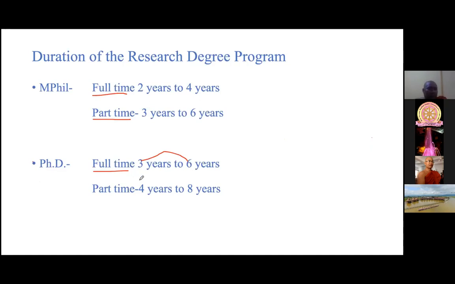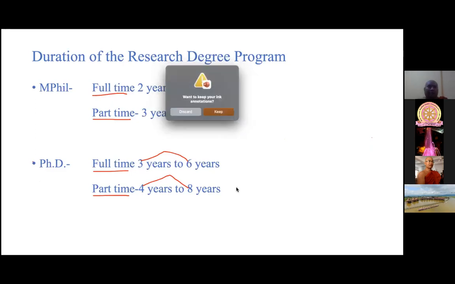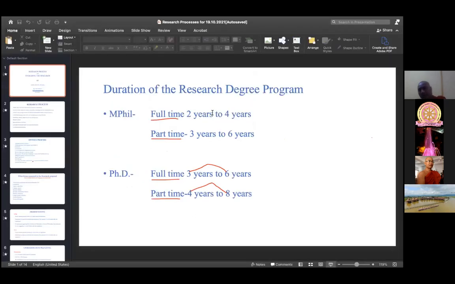If you are doing it as a part-time student, you can do your PhD for 4 years, and if you could not complete it, you can ask for 4 more years, making 8 years. So for a part-time PhD student, the duration is 4 years to 8 years. Therefore, if you are able to complete your PhD within 3 years, it's okay. Then next slide, please.